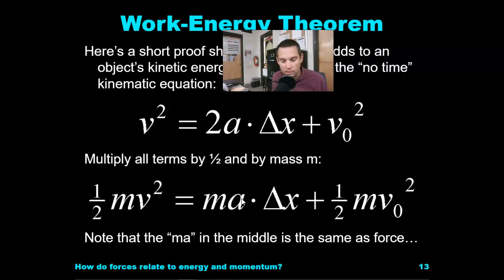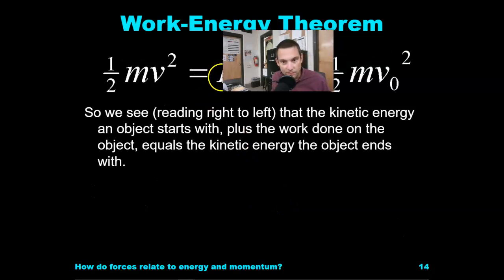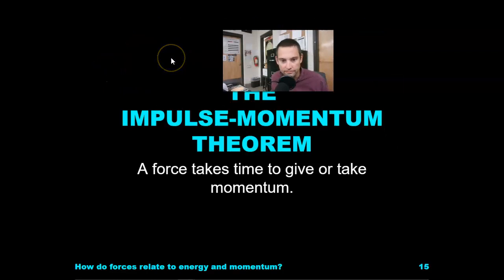That's the same as force. Look even further. We have mass times acceleration times displacement, which is force times displacement. So reading from right to left, we have the kinetic energy that the object starts with plus the work done on the object equals the kinetic energy the object ends with.